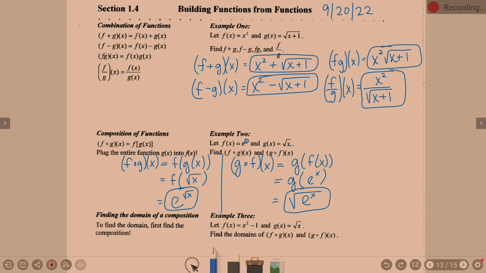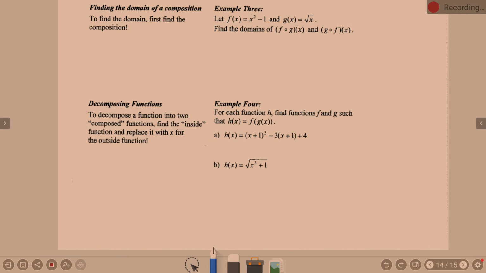Questions? You're going to get a little more practice in this next piece. The next piece is actually talking about domain, but as we talk about domain, we have to find the composition first. So we'll get to practice a little bit there. So, finding the domain.